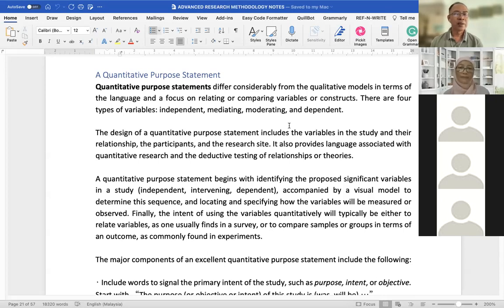In the theoretical framework, commonly at PhD level, we have independent variables, mediating variables, moderating and dependent variable. The design of a quantitative purpose statement includes the variables in the study and their relationships, the participants and the research site. It also provides language associated with quantitative research and the deductive testing of relationships or theories.